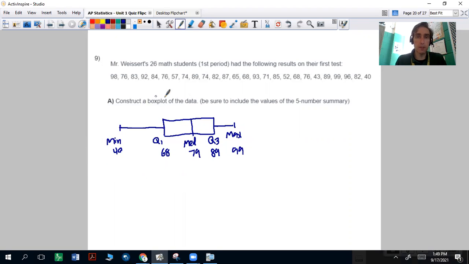What is this graph? It is test scores. In fact, it's Mr. Weissert's first period test scores. Not his, he didn't take the test, but his students. But you know what I mean. Label your graph. That's all you need. Now, of course, many of you drew a number scale, which will get you a little bit more accurate picture as a result, but that's really all it comes down to.